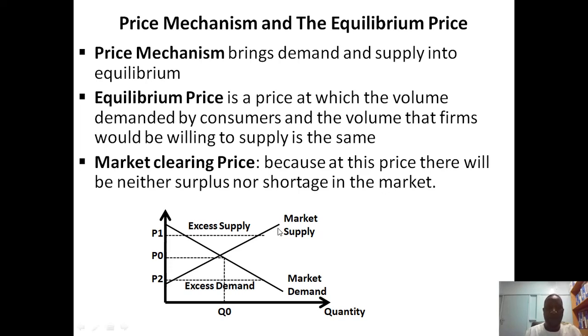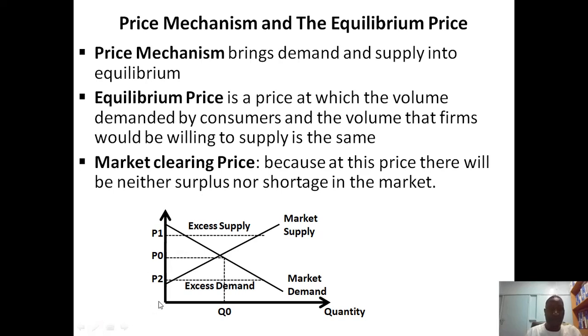And quantity supplied will increase, because according to the law of supply, when there is an increase in price, supply increases. And so the end result will be we have more supply than demand, so there will be excess supply there. And the effect is that this will put pressure on suppliers, and eventually suppliers will begin to reduce the prices for them to sell the excess.